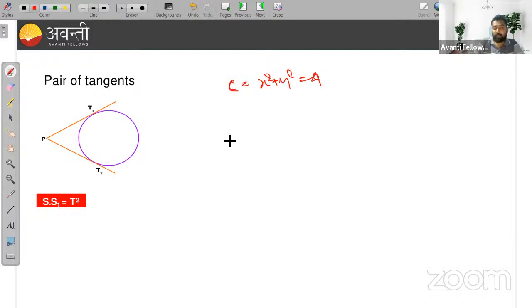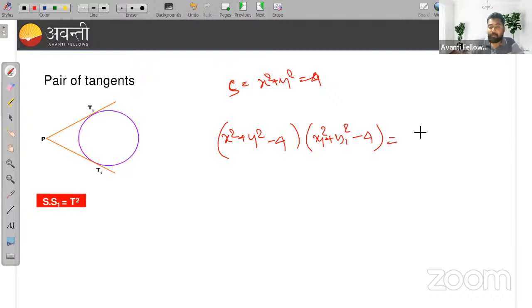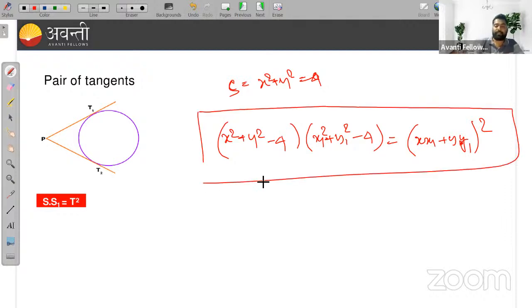S means the given circle, that is x square plus y square minus 4, into S1, that is x1 square plus y1 square minus 4, is equal to T square, that is (xx1 plus yy1 minus 4) square. So this is actually the equation of pair of tangents. So S into S1 is equal to T square.